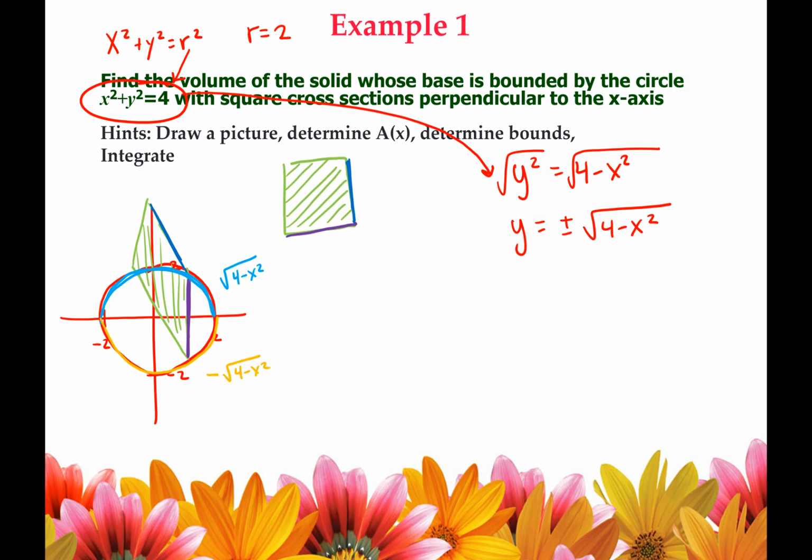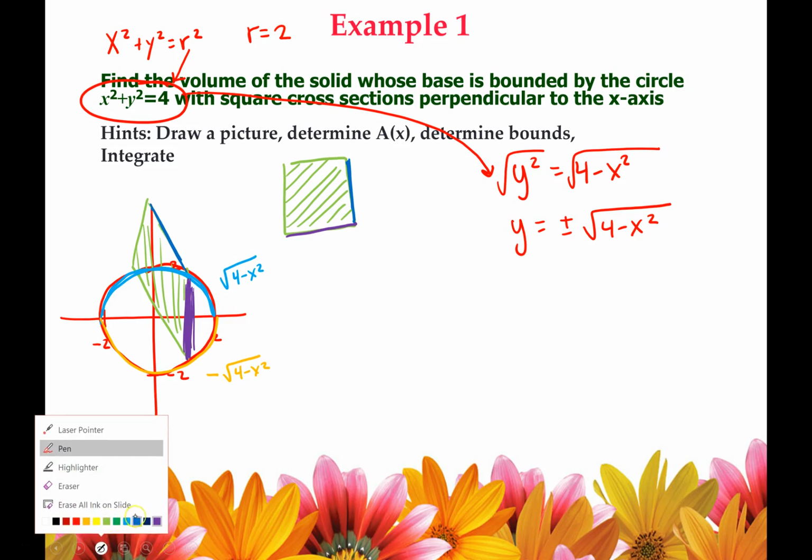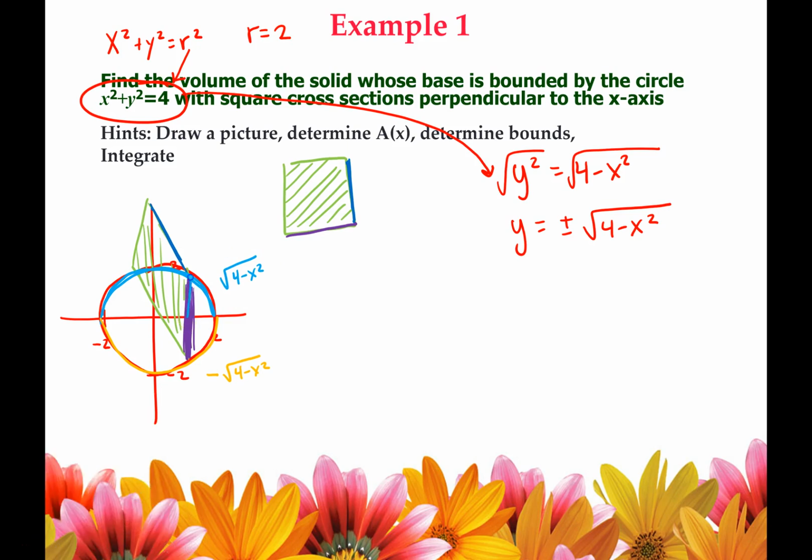So the question is, what is the length of my purple thing? Because I'm really trying to find out what the area of my square is. So I want to know what the base of this thing is right here. Well, that's going to be 2 of these. Because from here to here is one square root of 4 minus x squared, but I want to know what 2 of those are.